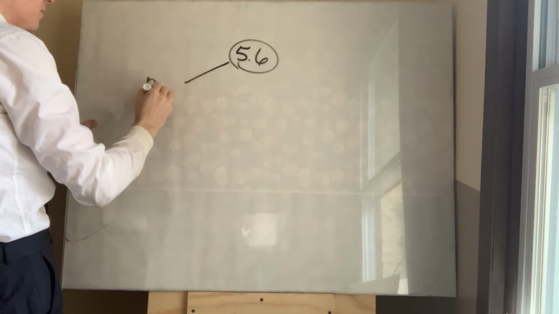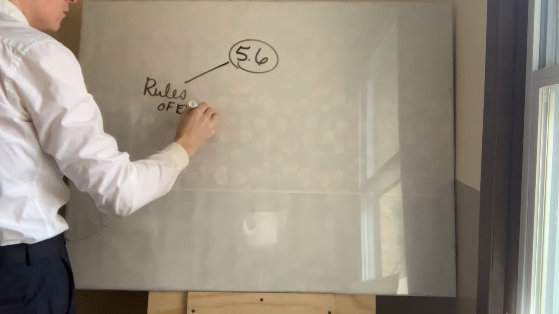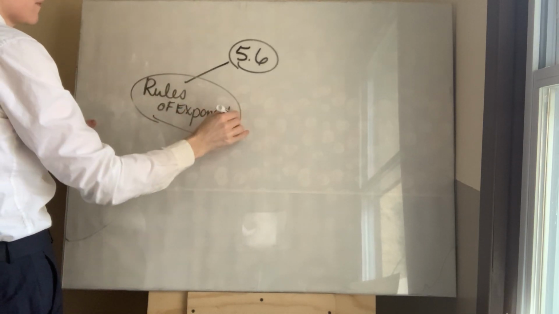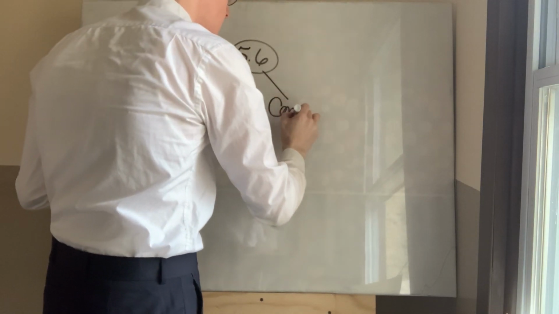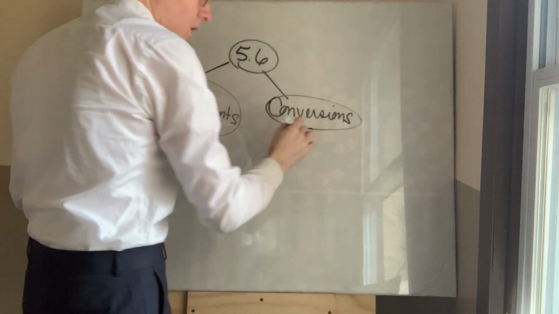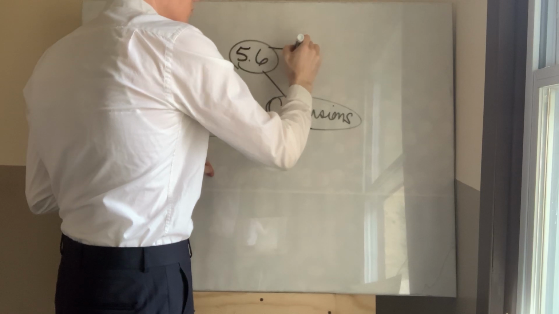There's the rules of exponents, which is a handout that I would give you. There's conversions, and the end of it will be just a review of how to use a calculator.